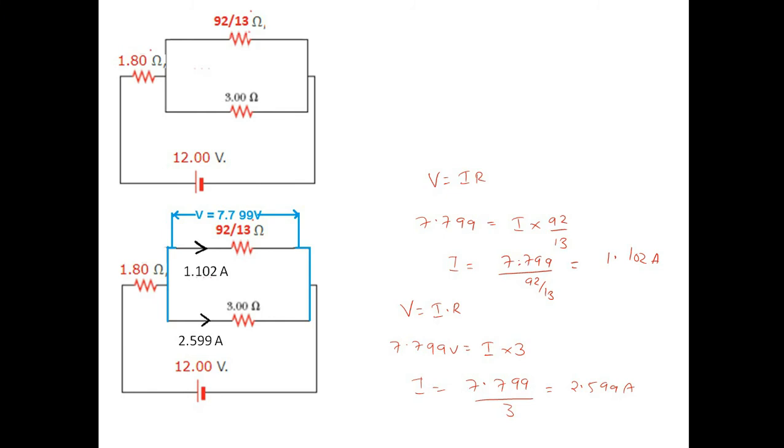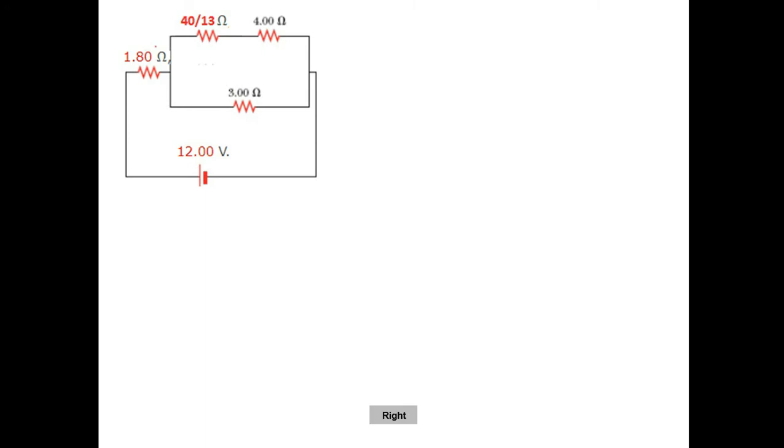So the current through the 3 ohm resistor is 2.599 amperes. Now this 92/13 ohm resistor was a series combination of 2 resistors before this. So it was a 40/13 ohm resistor and a 4 ohm resistor in series. So the same current which we found earlier, 1.102 amperes, will flow through both of them.